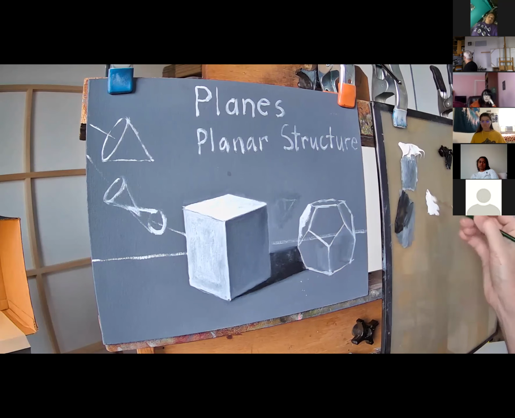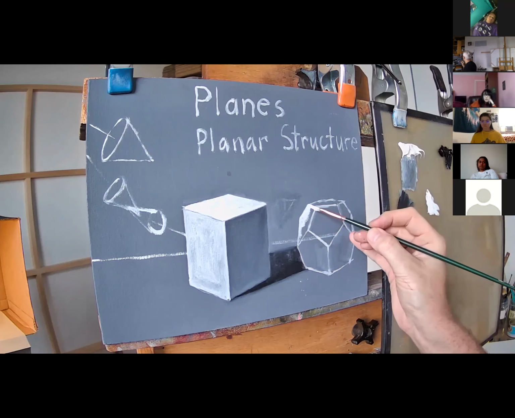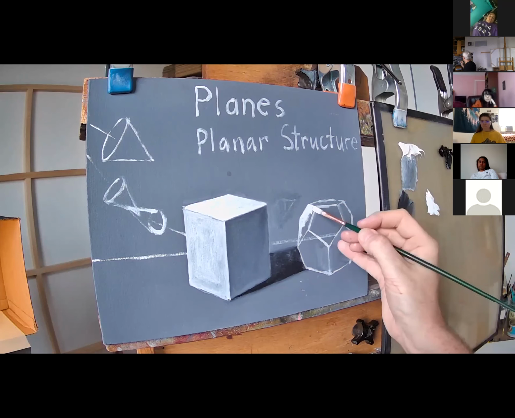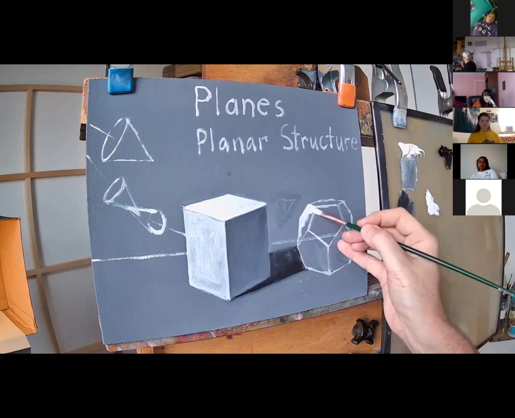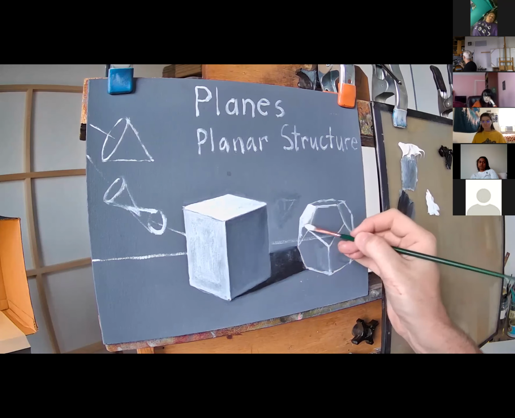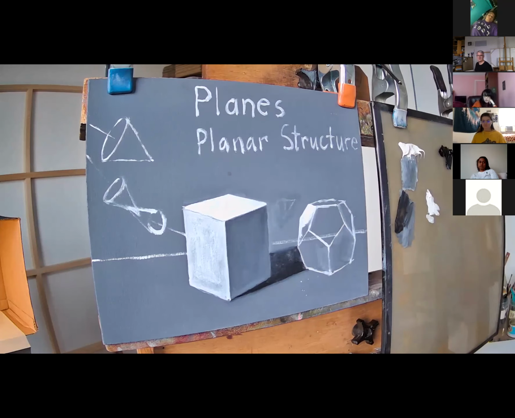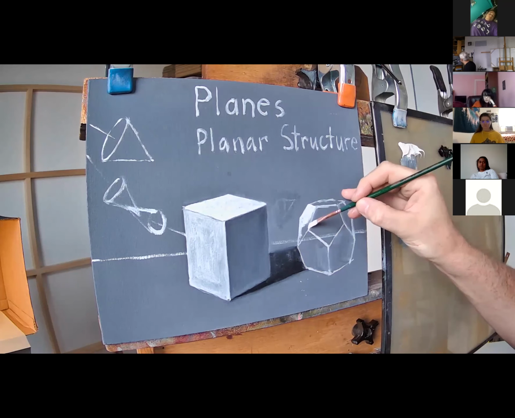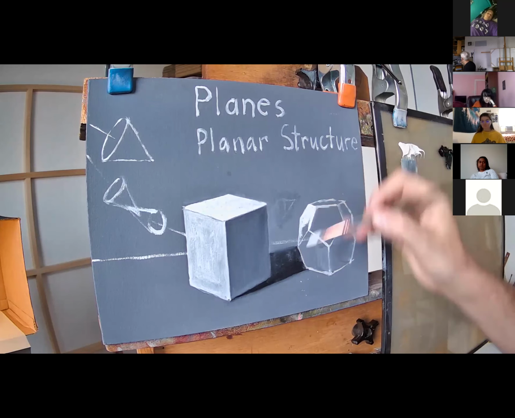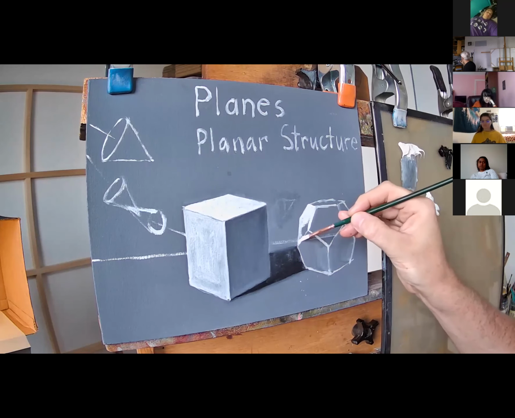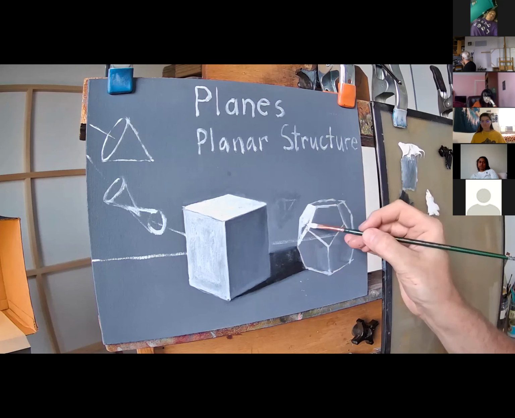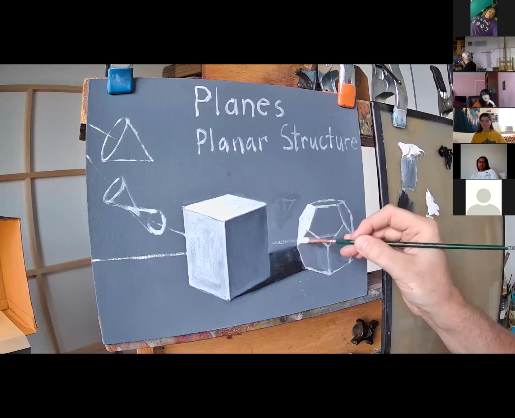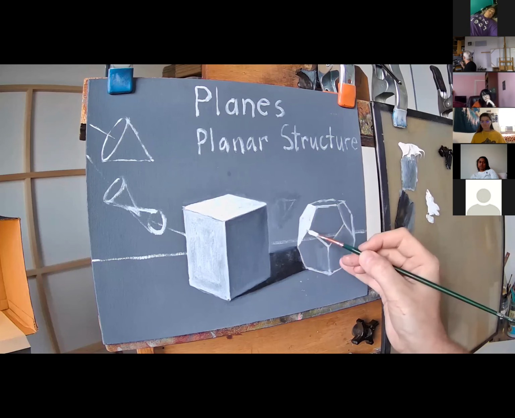That means that plane on the dodecahedron should be the lightest plane in the set. If these are white objects, I'm imagining these as white objects, that plane should be the brightest plane in the set.